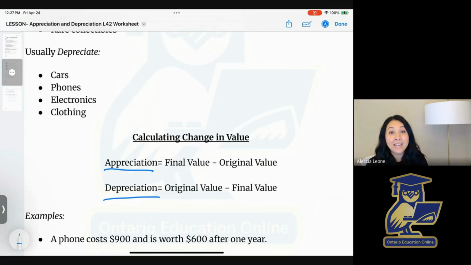But today it's worth, who knows? Let's call it 20. So when I first got it, it was 60 grand. I'm going to minus what it's worth today, that 20, and I'll see the difference. And that'll tell me how much it's gone down in value over time, how much it's depreciated.